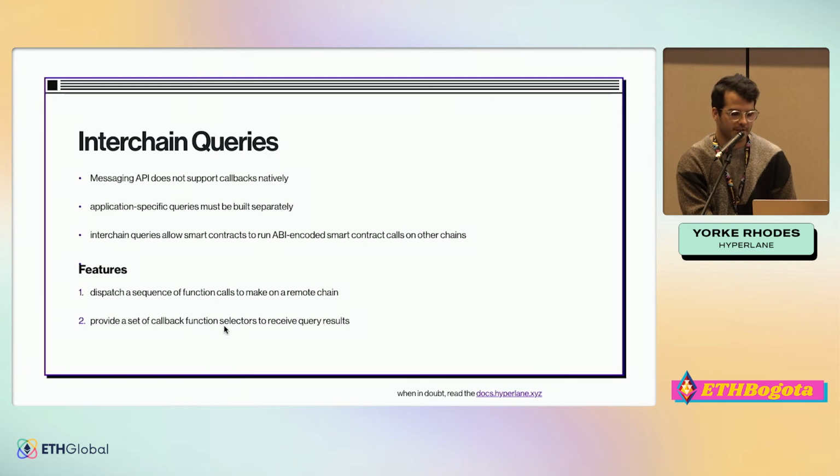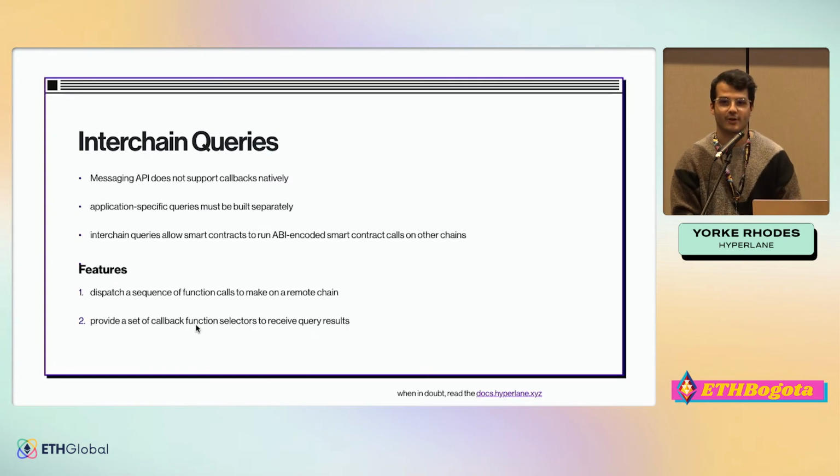These function selectors say what functions I should run once my query resolves and I've gotten a return value. What functions do I need to run on the source chain to consume that value? Because we don't have an async await syntax in Solidity or the EVM.